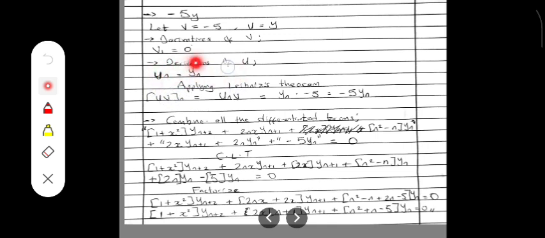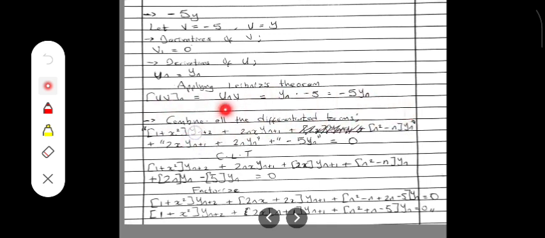Since u is equal to y, u subscript n will just be y subscript n. That's it. So applying this to Leibniz theorem, all we need in the series is just the first term, which is u subscript n multiplied by v, and when we multiply that together, we get minus 5 multiplied by y subscript n.